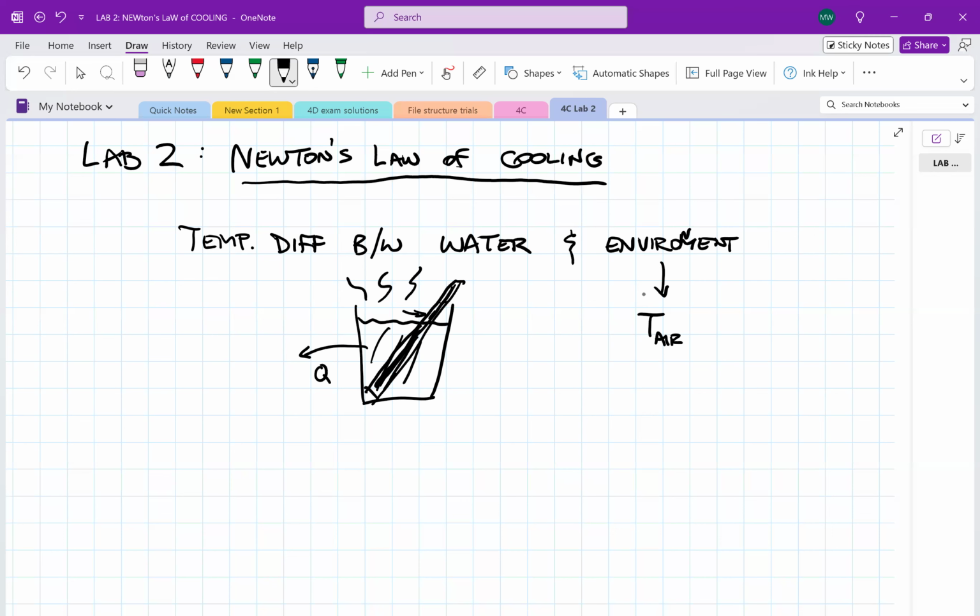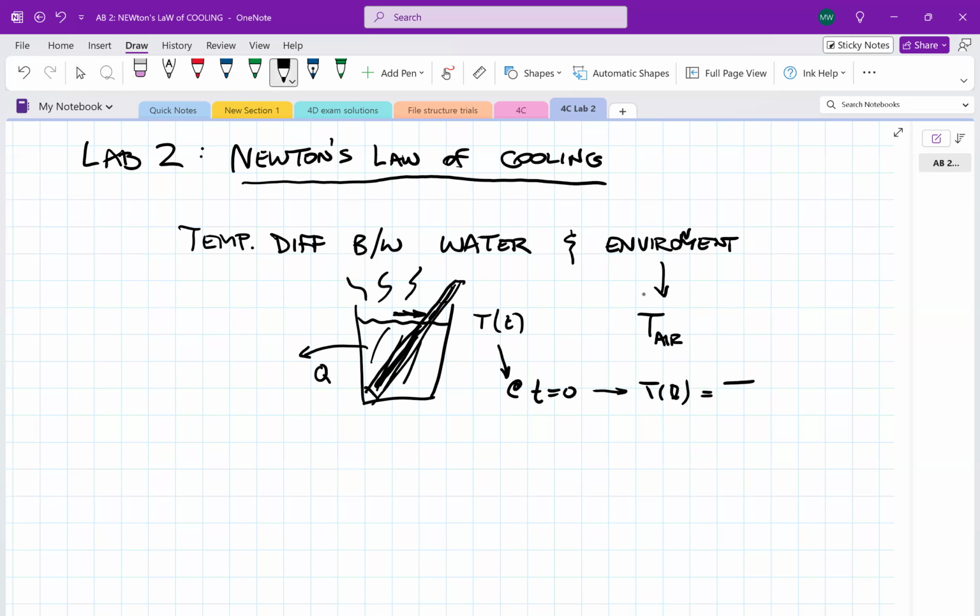If I measure the temperature of the water right now, I'm going to call it T, and I'm going to notice that T is dropping. So this temperature is a function of time, for the water. When I started the measurements, I'm going to call that zero time, and it had a particular value.